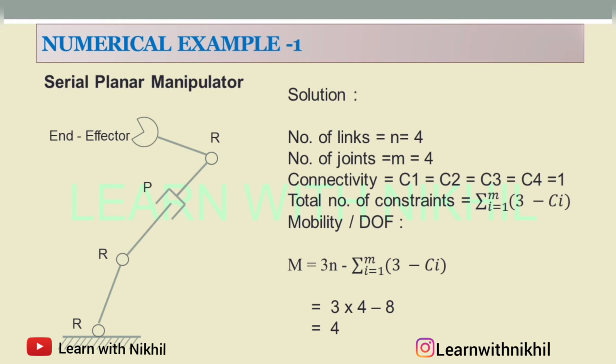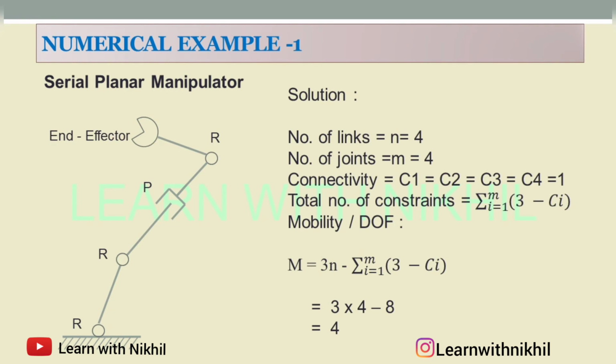Now in a planar manipulator, as we have seen earlier, the maximum degree of freedom should be 3, but this is more than 3. So can you tell me, is this a redundant manipulator or an under-actuated manipulator? As the degree of freedom is more than the standard degree of freedom, that is 3, this is a redundant type of manipulator.